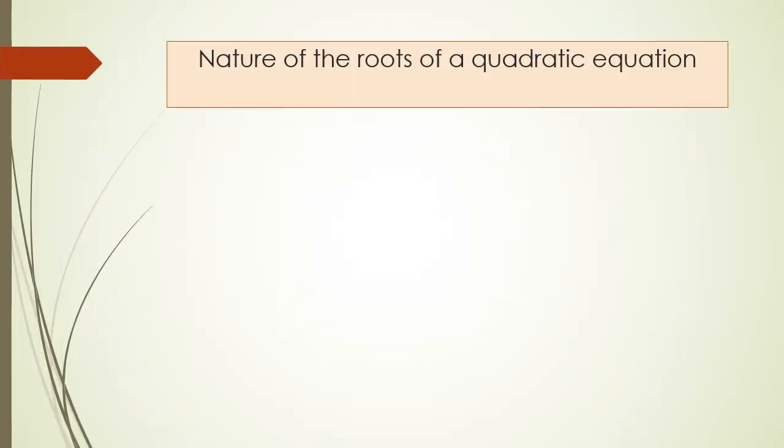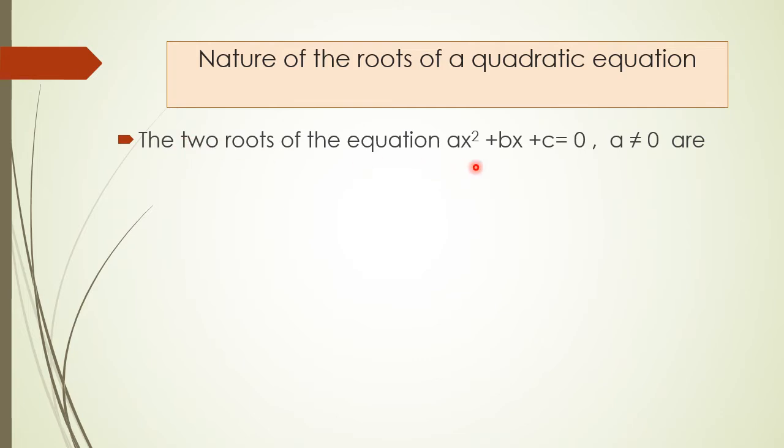Today's topic from unit number 2 is the nature of the roots of a quadratic equation. Students, the two roots of the equation ax^2 + bx + c = 0, where a is not equal to 0, which is the general form of the quadratic equation, are (-b + √(b² - 4ac)) / 2a and (-b - √(b² - 4ac)) / 2a.